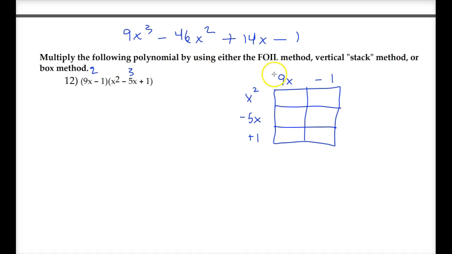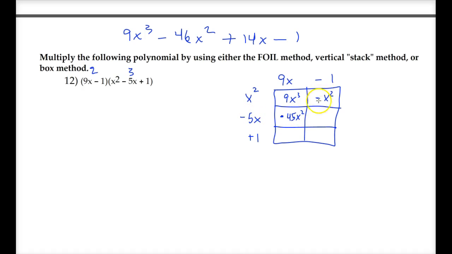Okay. And so now within the box, we're going in every intersection. So we're saying x squared times 9x is 9x cubed. X squared times a negative 1 is a negative x squared. Negative 5x times a positive 9x is a negative 45x squared.